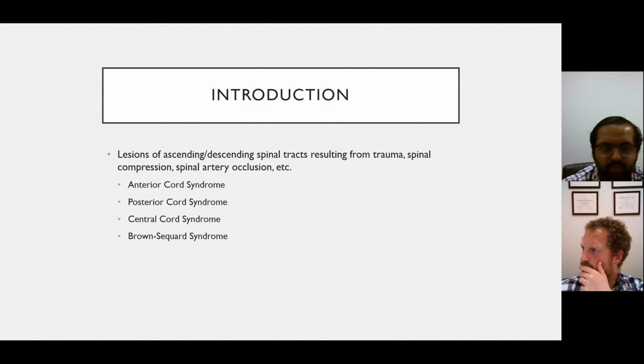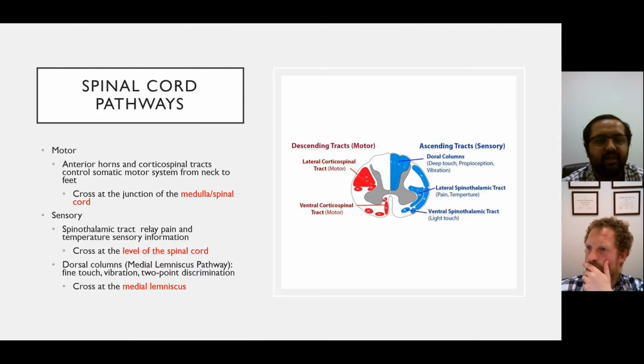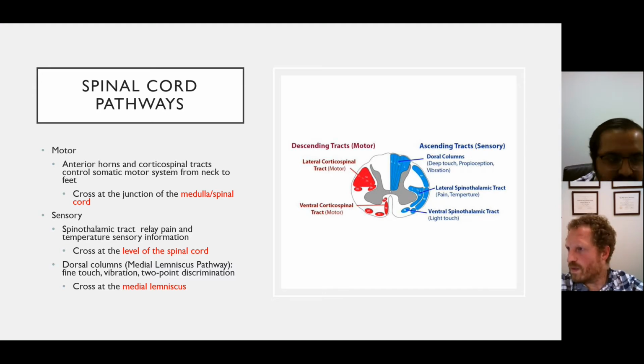First, we will start by overlooking the major pathways. We have motor and sensory. Again, this is not an exhaustive list of all the pathways we have. The anterior horns and corticospinal tracts control the motor system from our neck down to our feet.